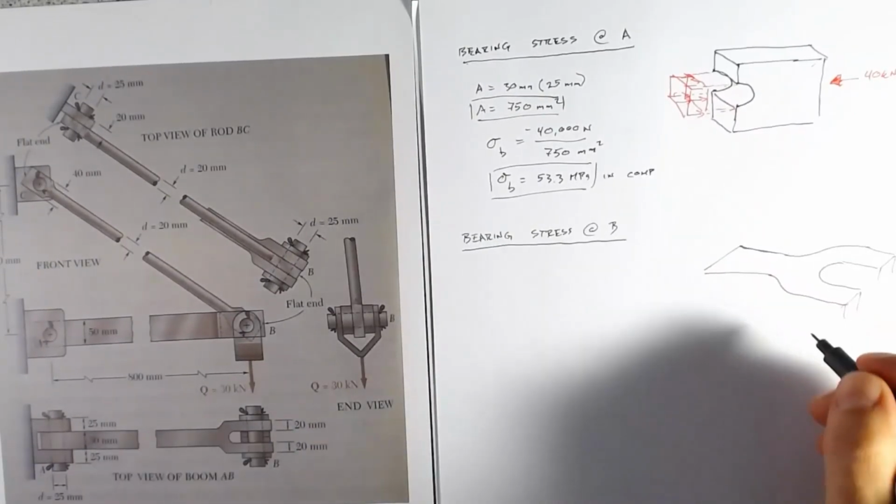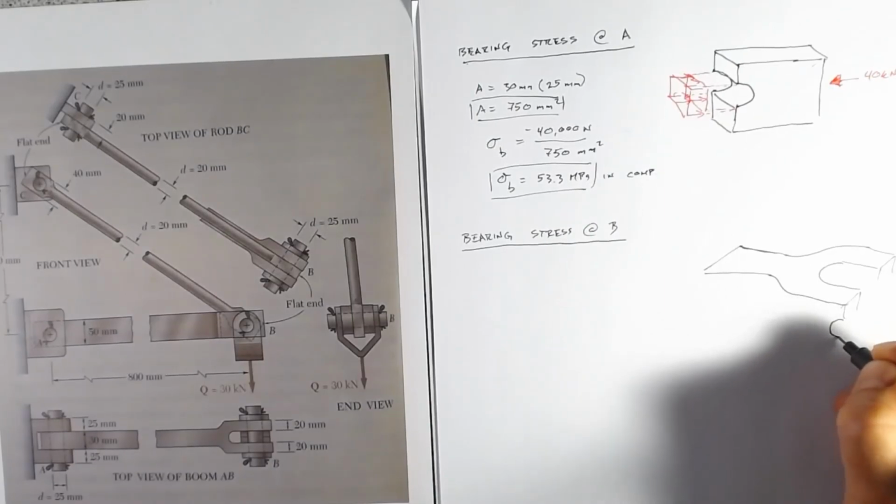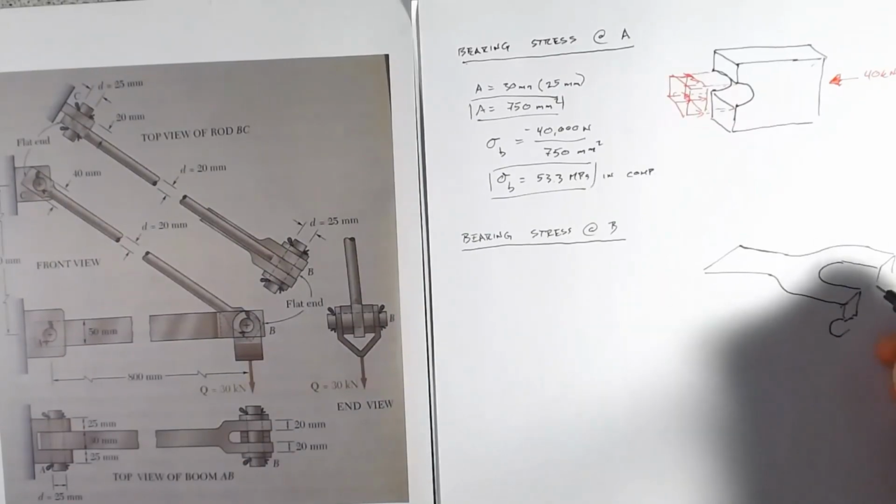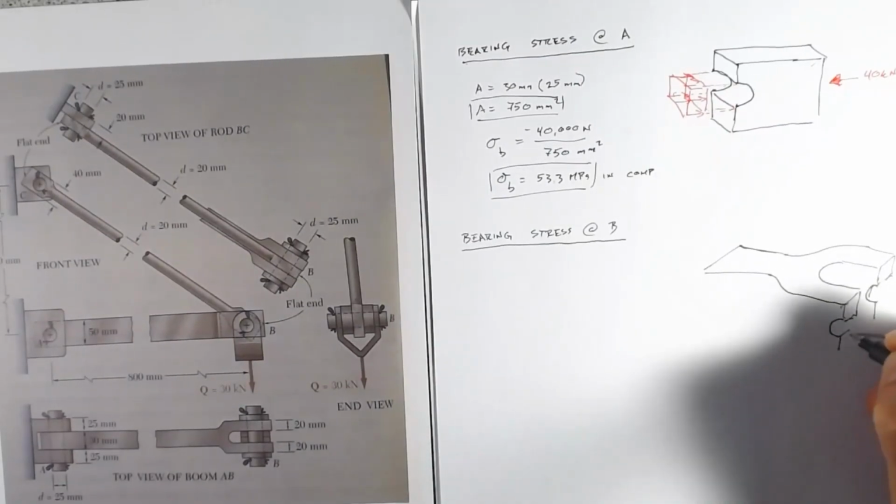So that's that yoke bit. And again, there's a pin, which is just going to come through here, through both of those sections. And I'll just finish our drawing up here.